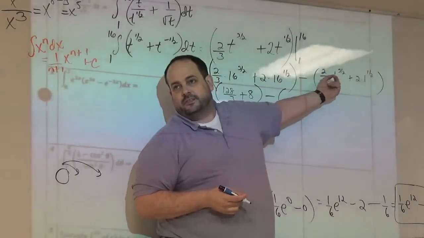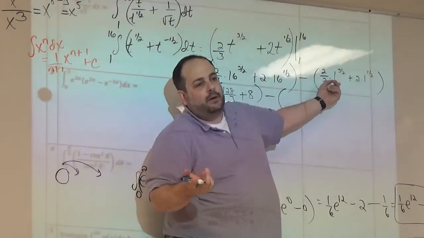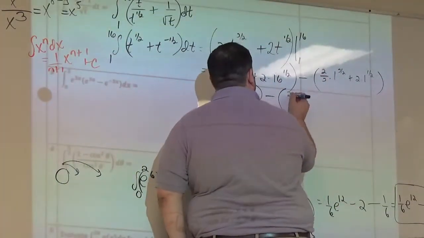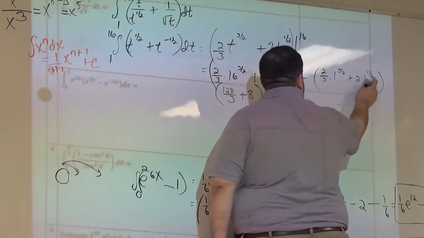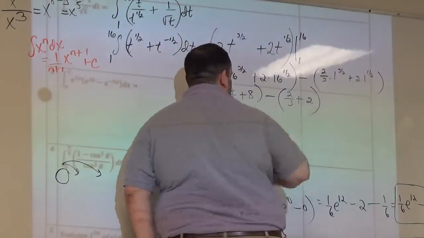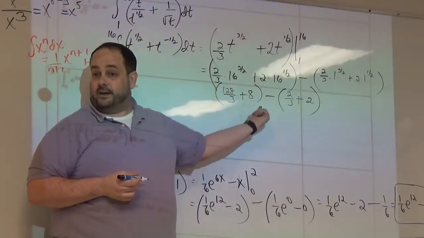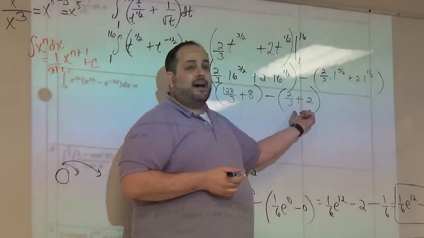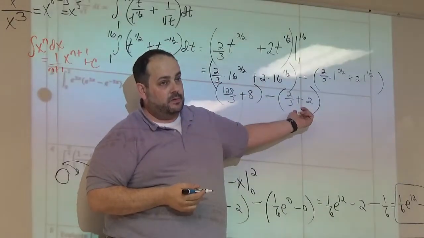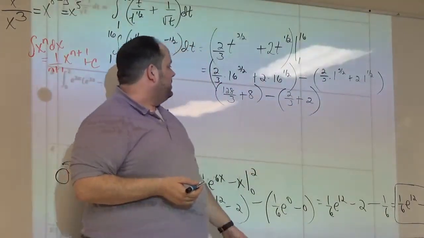1 to the 3/2 has to be 1. Times 2/3 is 2/3. 1 to the 1/2 is 1 times 2. Now you could get a common denominator here if you want to. Or you could be a little bit clever.